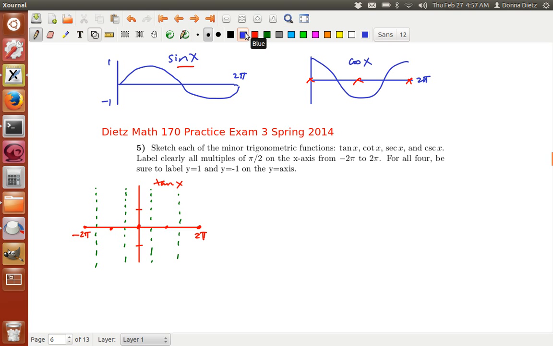We know tangent of 45 degrees, tangent of pi over 4, is 1, because sine of pi over 4 equals cosine of pi over 4. This is a little thing you should have stuck in your head. And so pi over 4 is halfway to these asymptotes, so it's going to be right here.